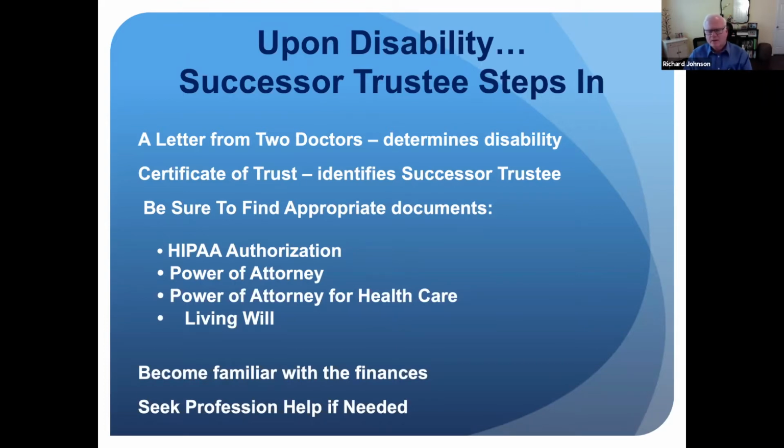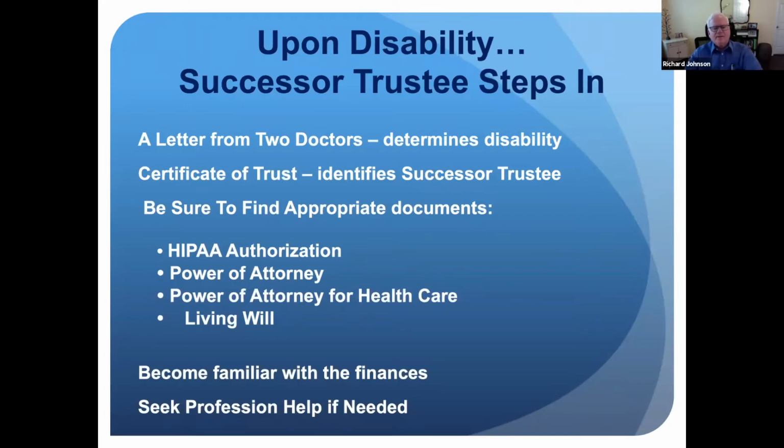Or usually if you have an unexplained disappearance or absence, you're just gone for 30 days and nobody's heard from you, then you can be declared to be incapacitated. Or if you're incarcerated or in prison, or if you're kidnapped, you can also be incapacitated.